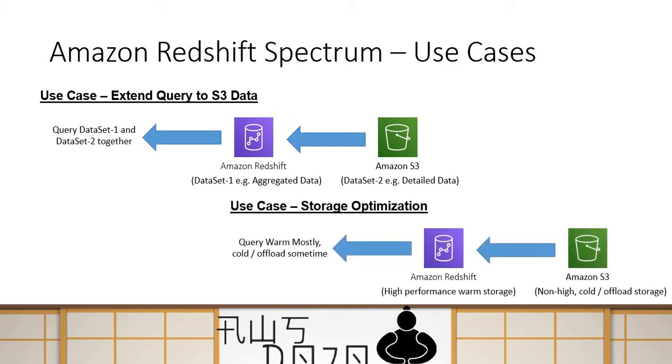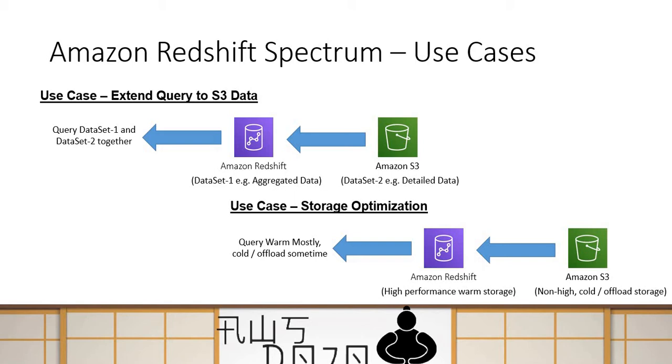Another scenario which I have seen is storage optimization. Let's take a step back. If you look at the traditional way of deploying Redshift, your storage and your compute come together, right?